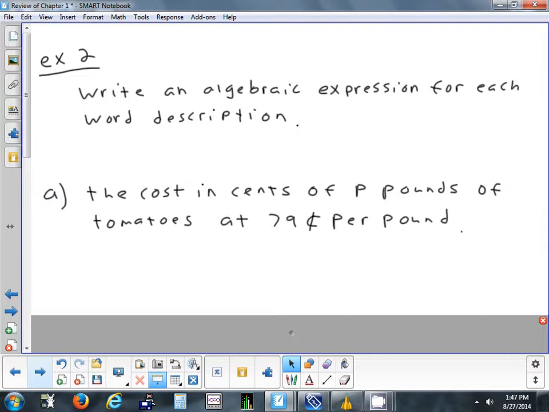Okay, so let's look at this one. Let's see if we can figure out which operation it would be: adding, subtracting, multiplying, or dividing. It says you're getting P pounds of tomatoes, and it's 79 cents for every pound you buy. Think about it for a second.